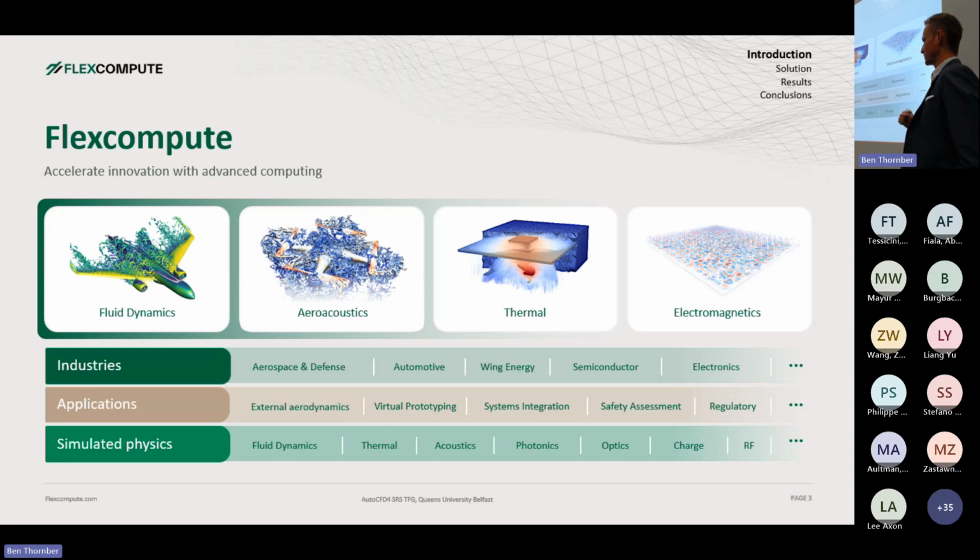The capabilities we're looking at here are multi-physics platforms, with applications ranging from electromagnetics, displayed at right, which we have a separate offering for, but also through the gamut of fluid dynamics and thermal effects that are applicable to automotive and other sectors as well. We can see here an overview of some of the things that the Flexcompute team are looking at, various different applications ranging from electric aircraft through semiconductors and cell phones, for example.